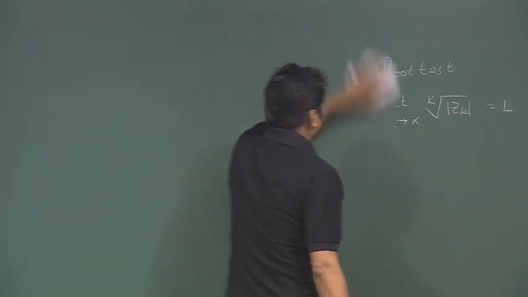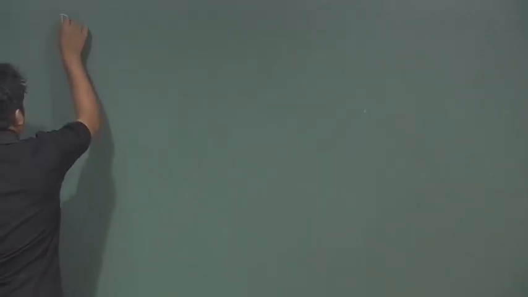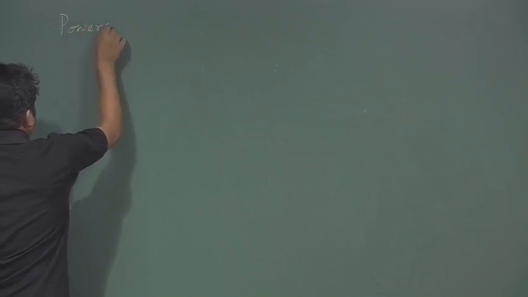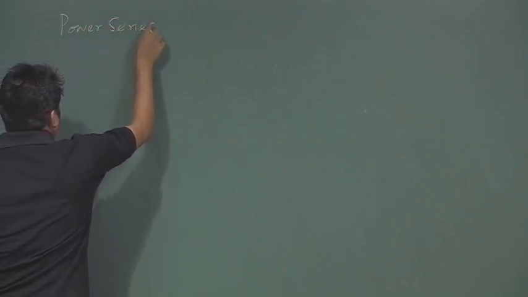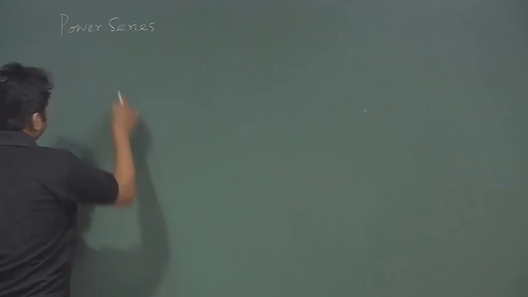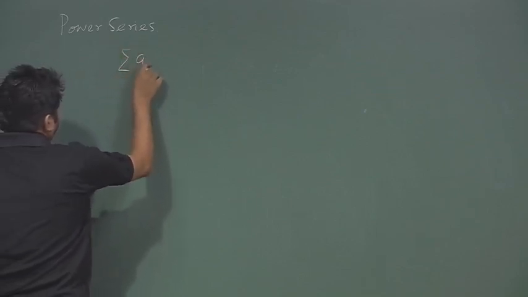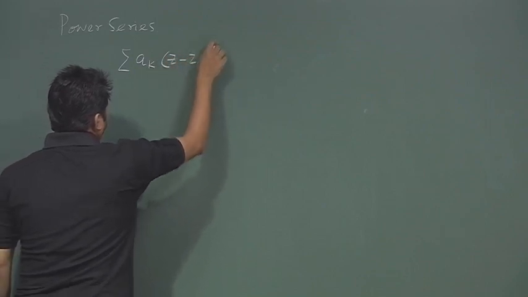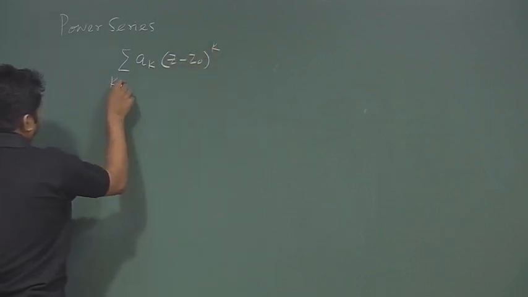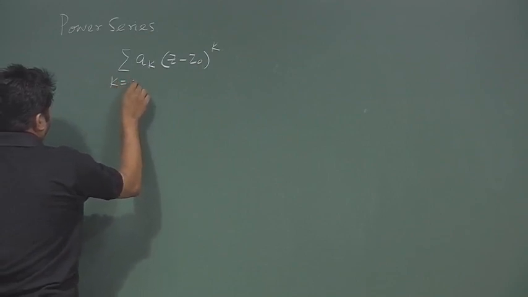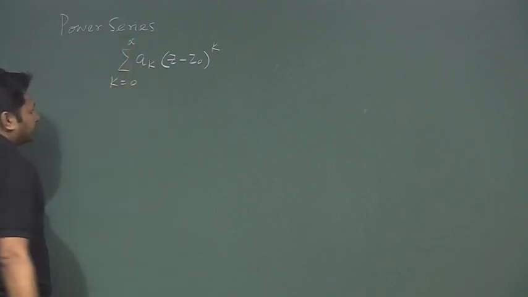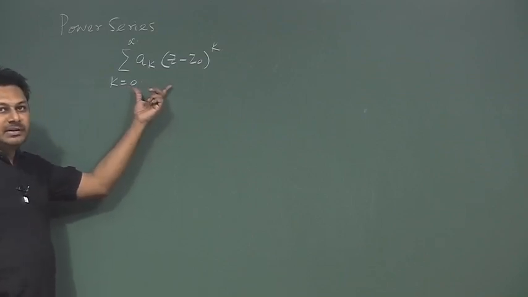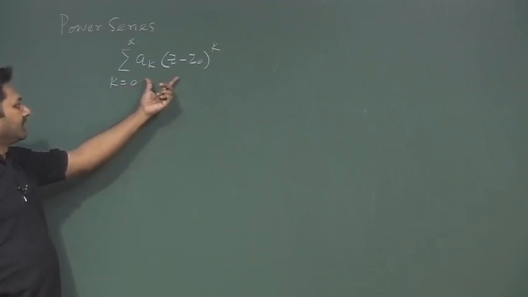Before that, I need to give you something important, which is called the power series. Normally a power series is represented in this way. This is the representation of a power series.